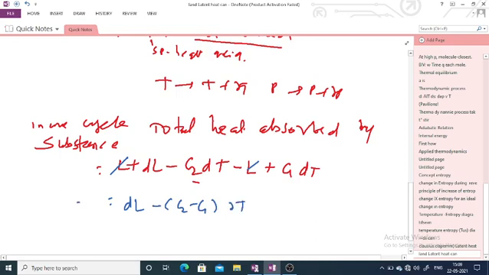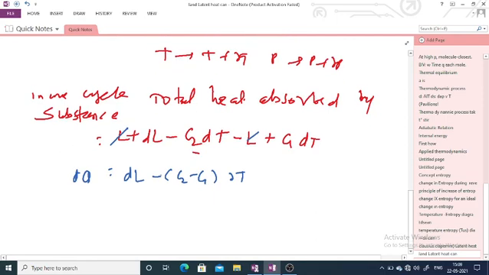So the total amount of heat absorbed is dQ equal to dL minus (C2 minus C1) dT. Now by the first law of thermodynamics, dQ is equal to dU plus dW.